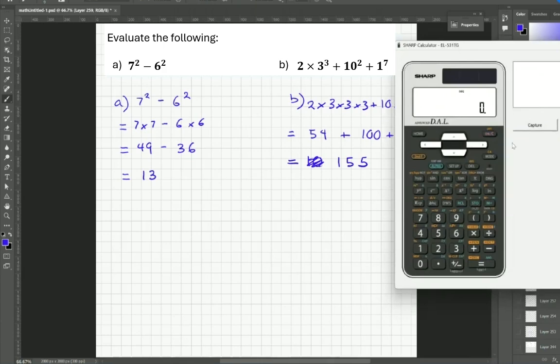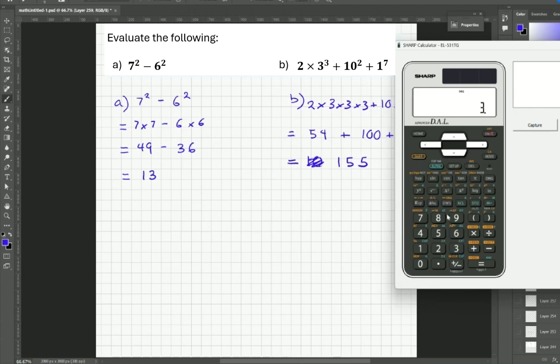Alright, and we can put this into a calculator, but depending on the calculator that you have, it may not evaluate the order of operations correctly. So please make sure to do all of your order of operations in your calculator correctly, and don't assume it will do it correctly.